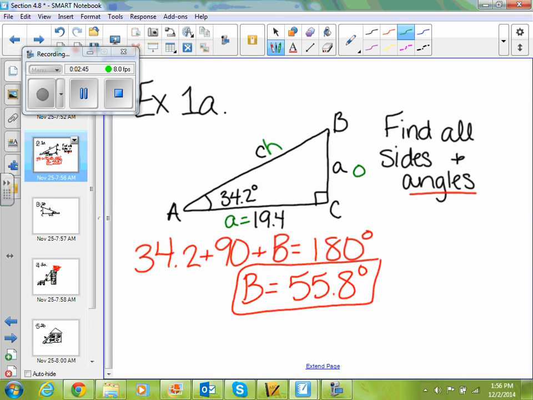If I start with cosine, I know that cosine of my angle is adjacent over my hypotenuse. So I'm going to start by finding my hypotenuse. Cosine of my angle, which is 34.2 degrees, is going to be equal to my adjacent, which is 19.4, over my hypotenuse, which is what we're trying to find.